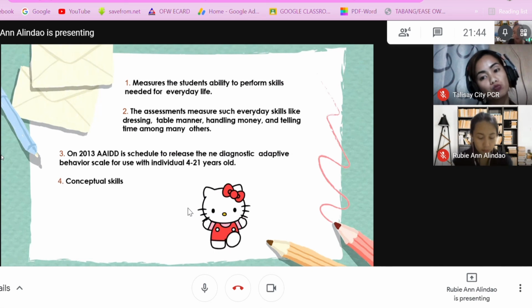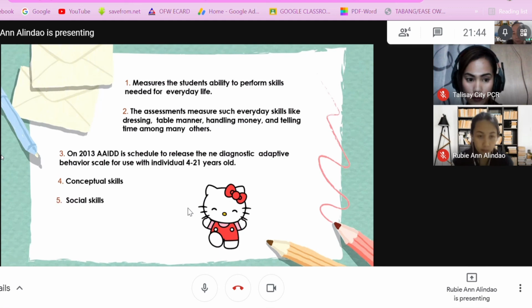And fourth is the conceptual skills. Conceptual skills are skills that enable an individual to identify, conceptualize, and solve problems. Fifth is the social skills.